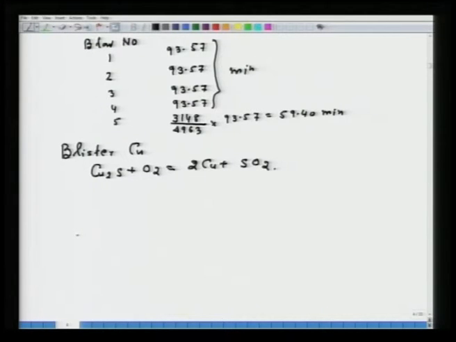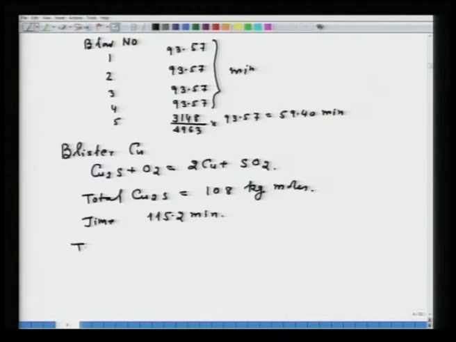So, we can now calculate the total Cu2S, that will be equal to 108 kg moles, and the time, because 108 kg moles will require 108 kg moles of oxygen. So, one can calculate the time, that will come to 115.2 minutes.